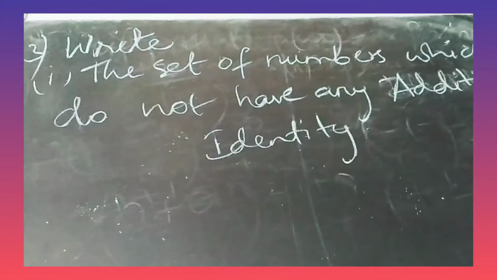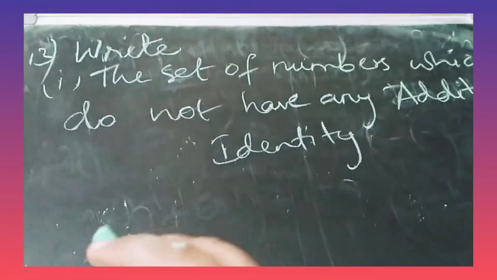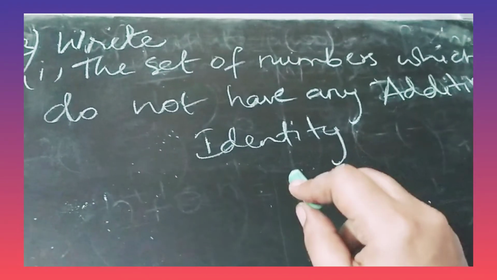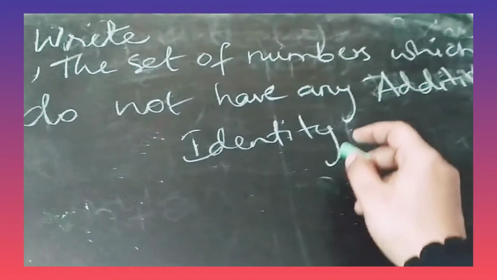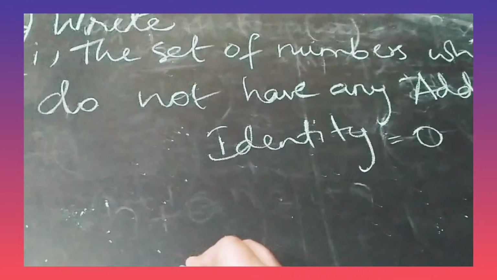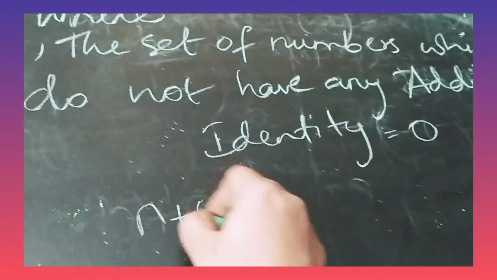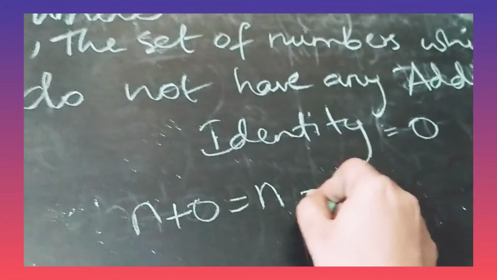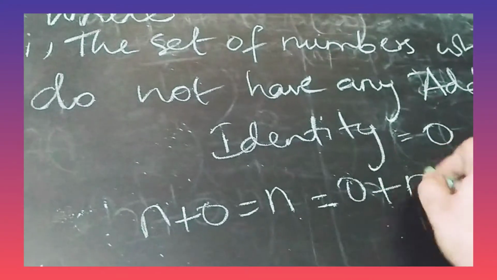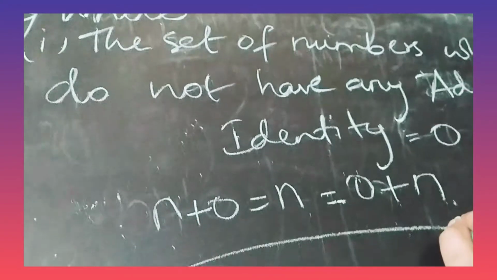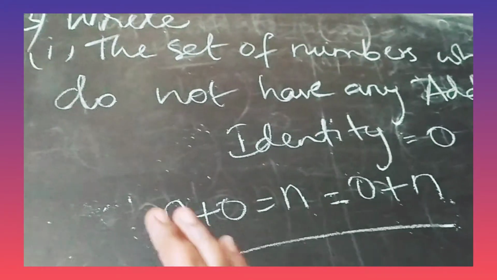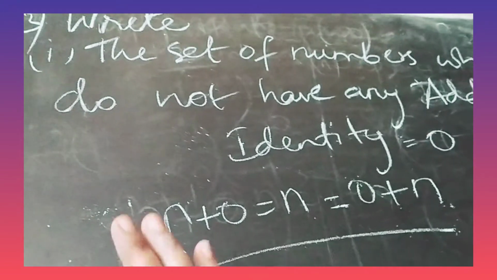Okay, 13th one, first is the set of numbers which do not have any additive identity. What is additive identity? Additive identity means it is equal to 0. We know additive identity: n plus 0 is equal to n is equal to 0 plus n. We know this is an additive identity. Okay, if we take natural numbers, they start from 1.